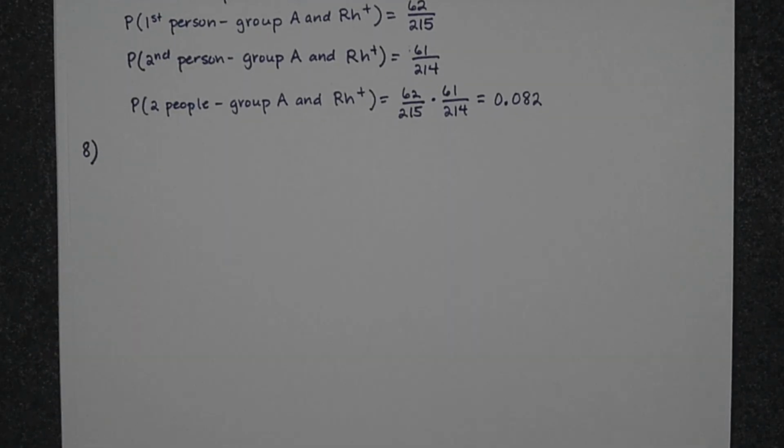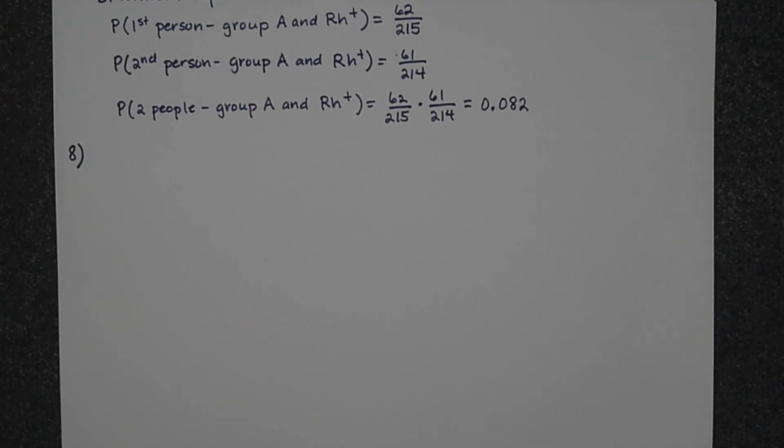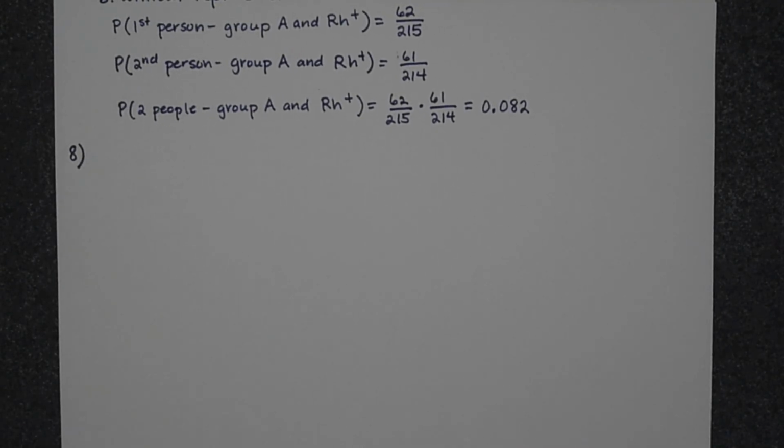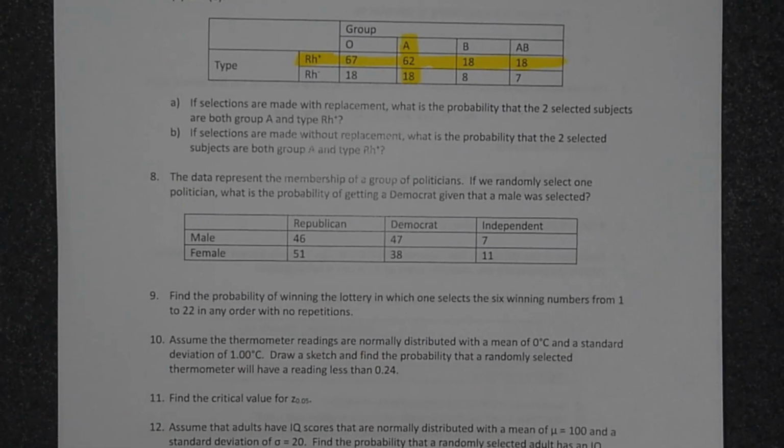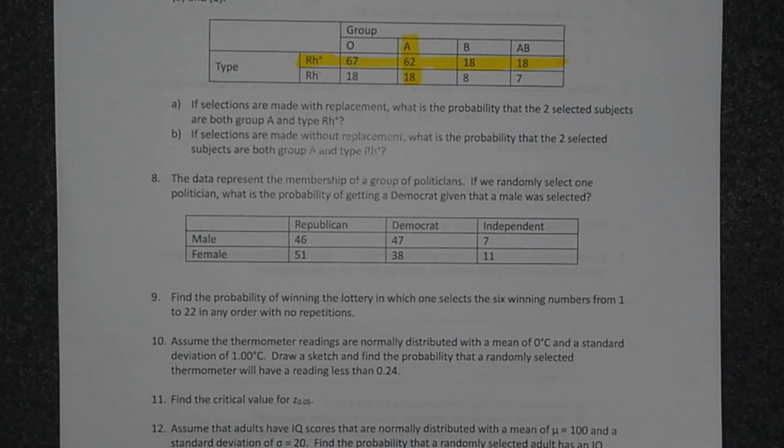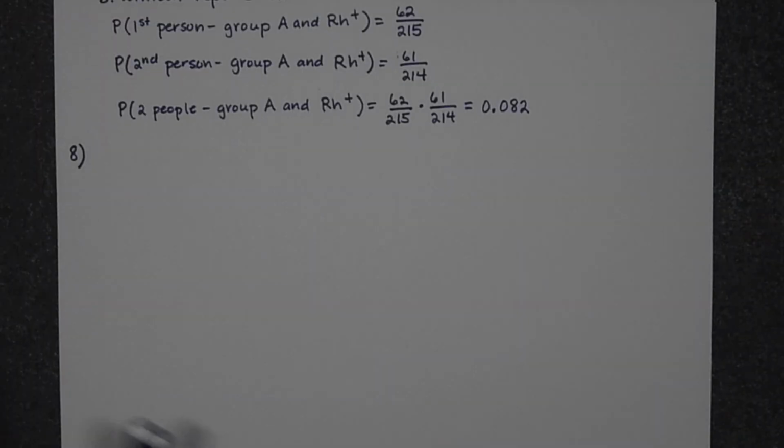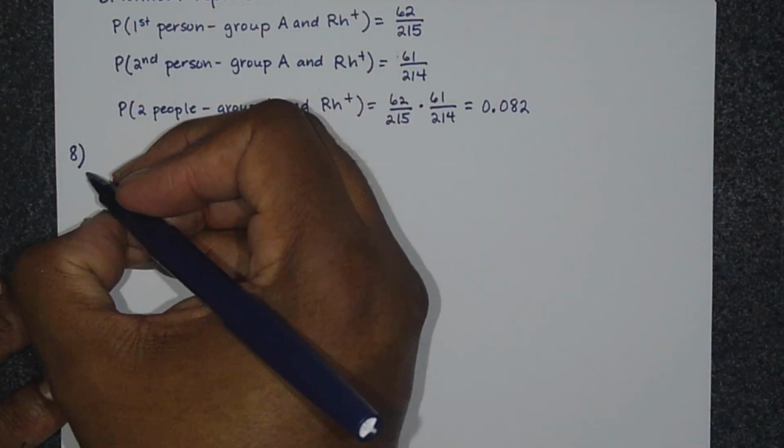Okay, problem number 8. Problem number 8 says that the data represents the membership of a group of politicians. If we randomly select one politician, what is the probability of getting a Democrat given that a male was selected? All right, so that's one of those conditional probability problems.